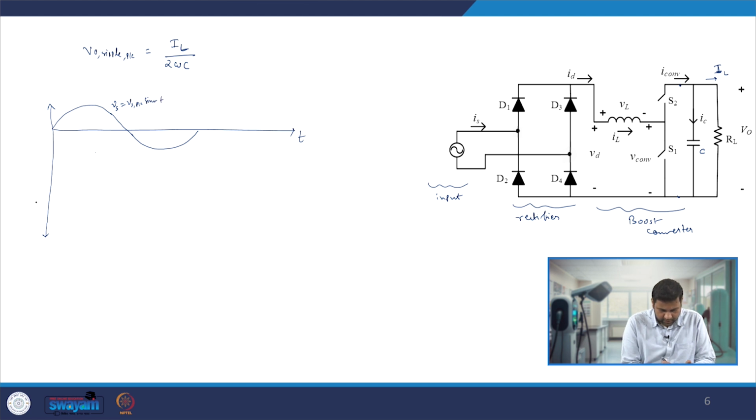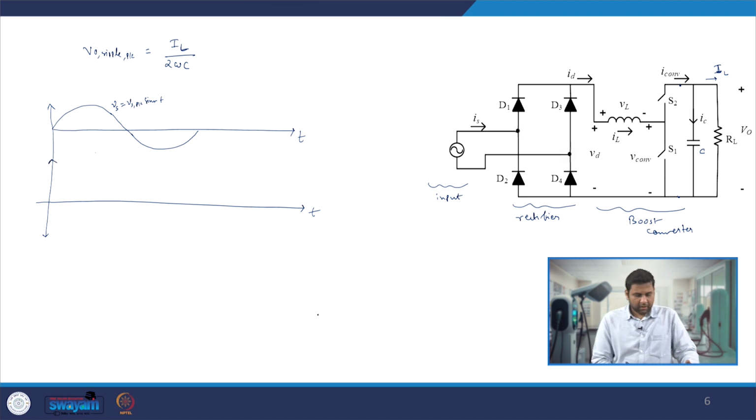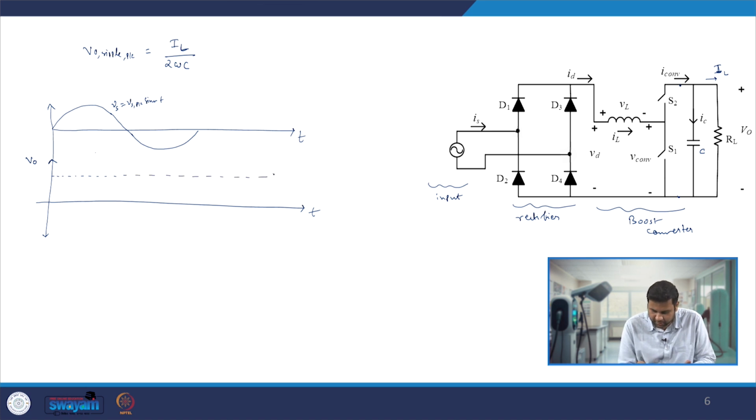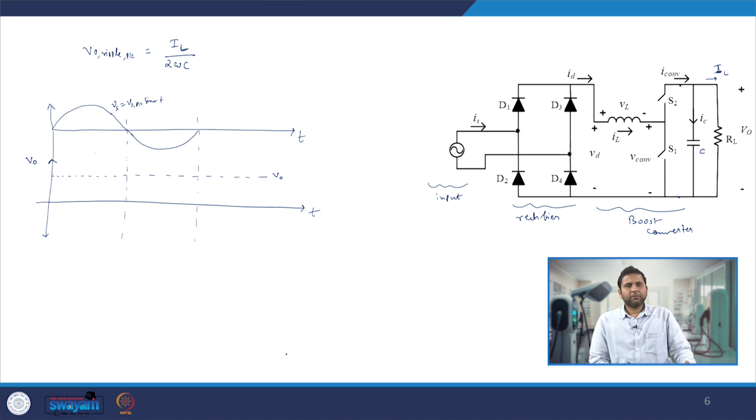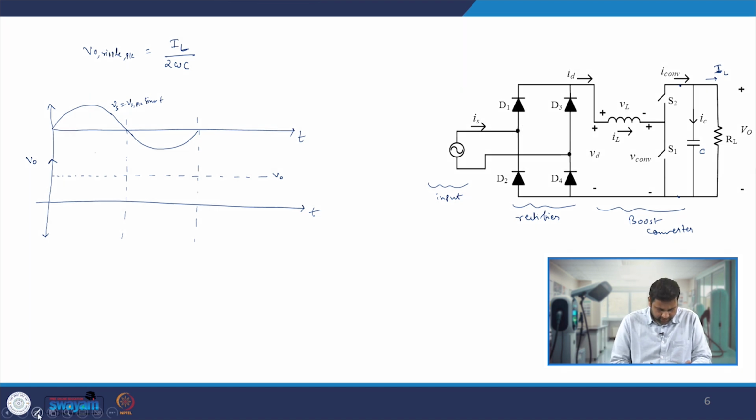So I can define V naught as having a DC quantity which is maintained at V naught, and over that you have the second line harmonic current, and depending upon the capacitance value, the amplitude of the ripple will be defined.